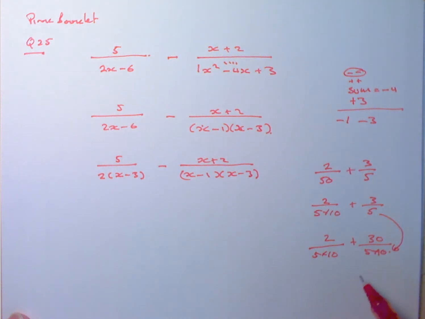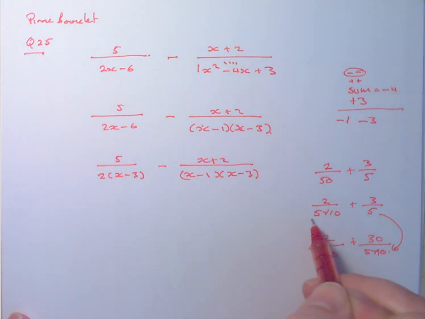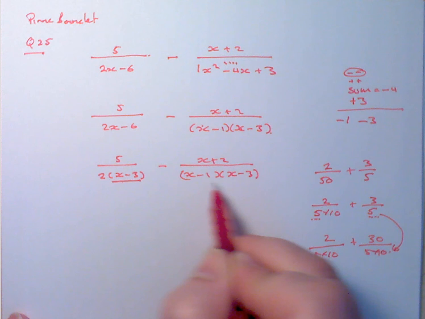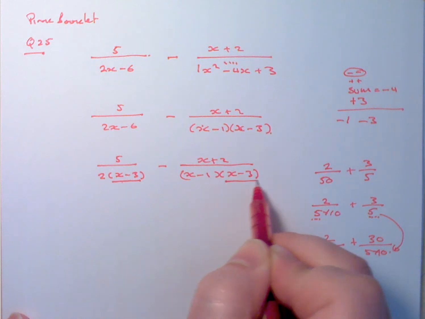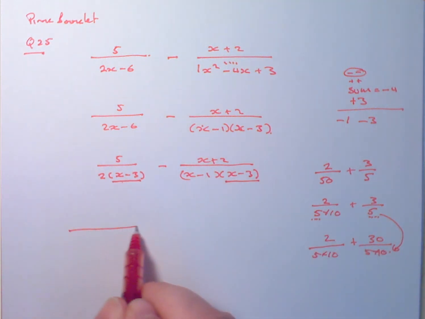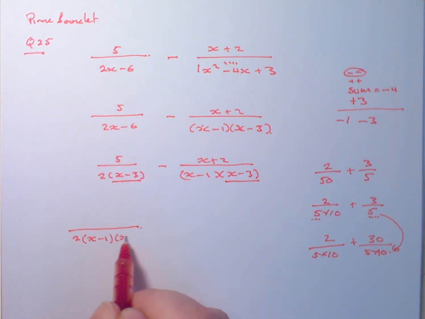In a similar way, just like I had the 5 common here and the 5 common here, I've got this common in both fractions. So when I do my common denominator, I'm going to do 2, and we introduce this bracket here, x minus 1, x minus 3.